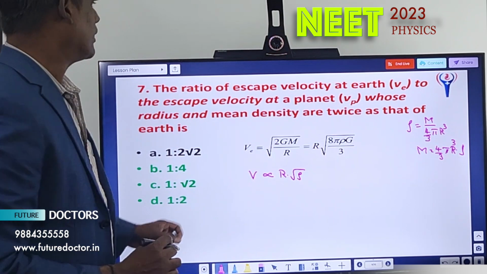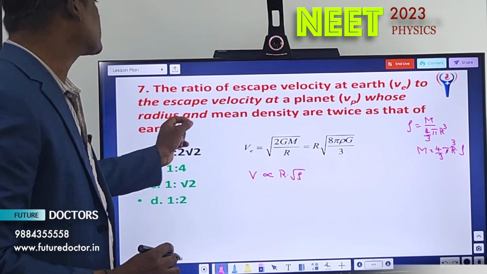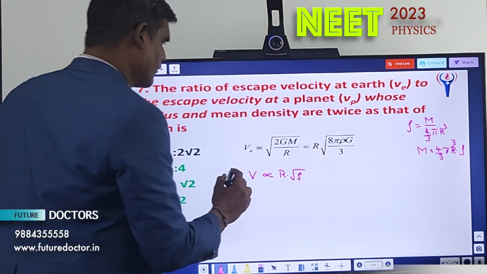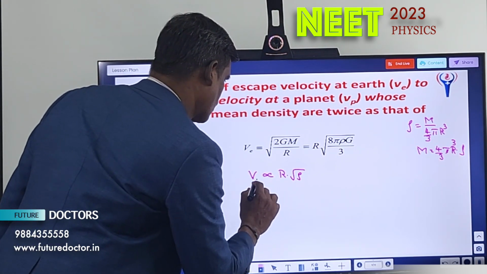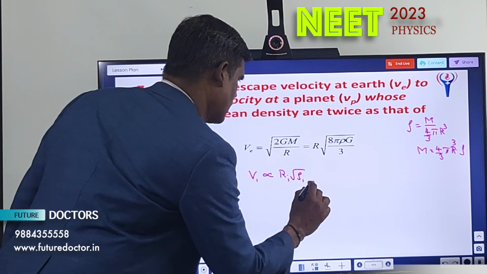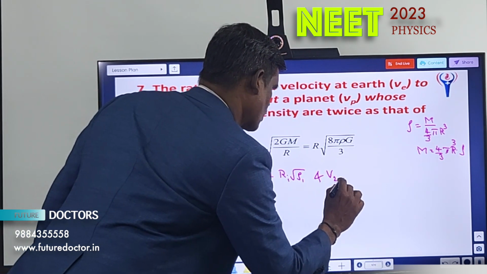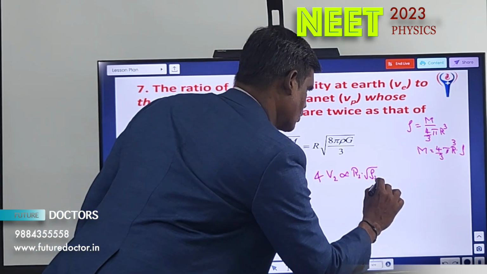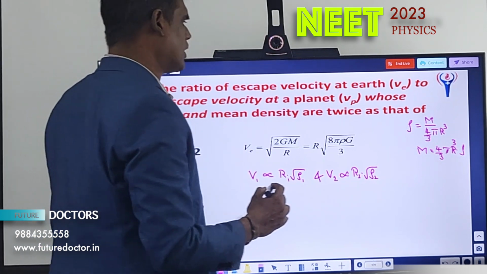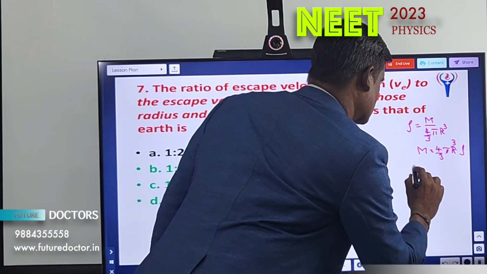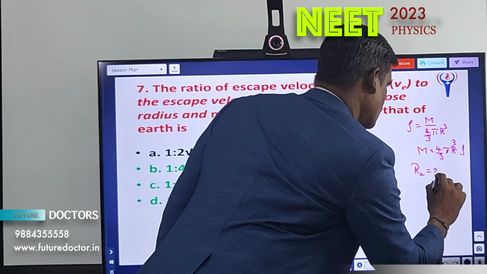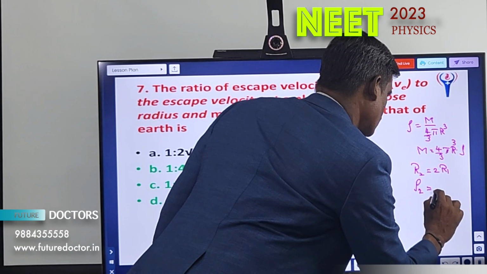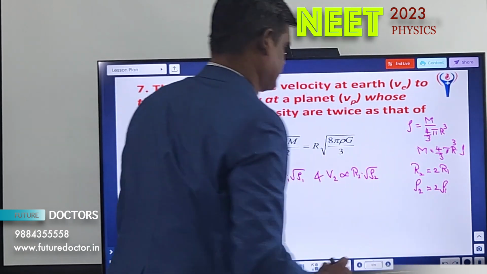And here radius and mean density are given as twice. That is, two cases are there. V1 is proportional to R1 square root of rho 1 and V2 is proportional to R2 into square root of rho 2. Here given R2 equal to 2 times of R1 and rho 2 equal to 2 times of rho 1.